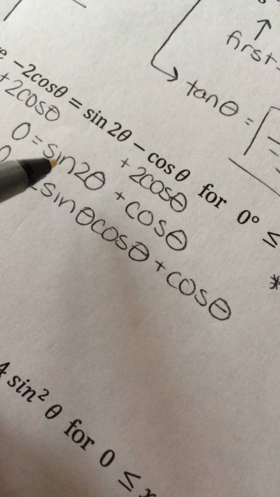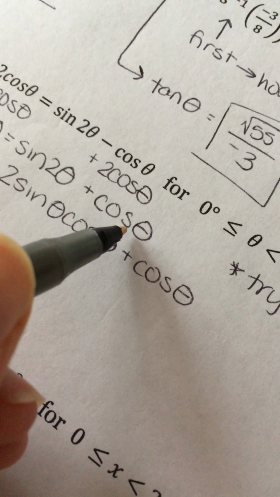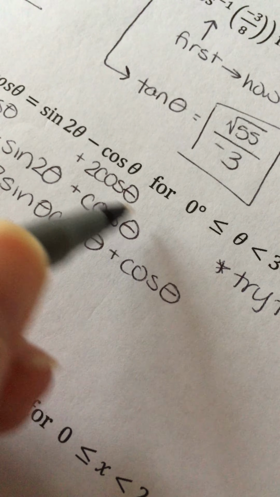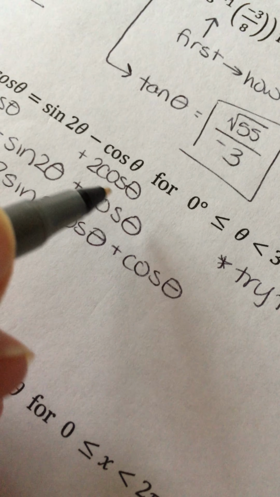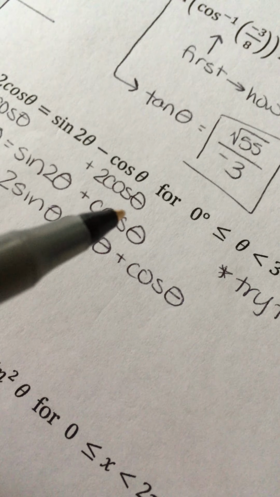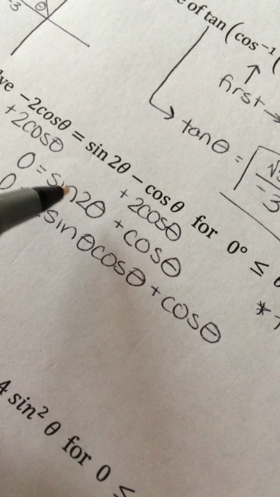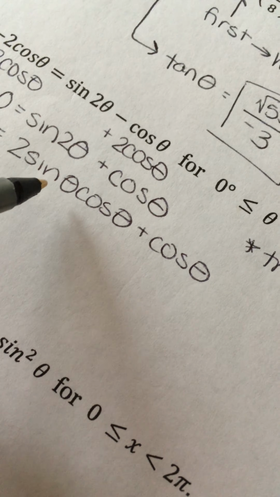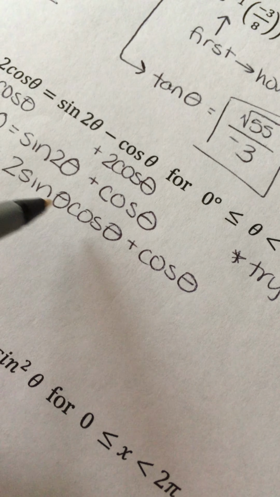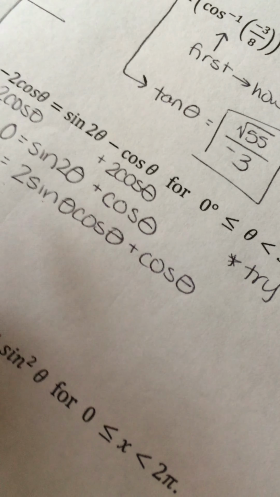How did I know to change sine 2 theta and not cosine of theta? It's because I don't have anything to change cosine of theta to. There's no other cute identity to use. The only option I have to work with is the sine of 2 theta. So now that we've rewritten it in terms of single angles, sine theta, cosine theta, cosine theta.